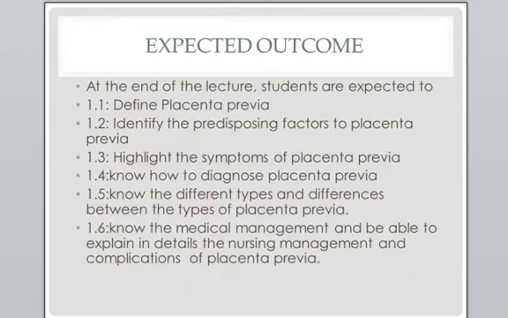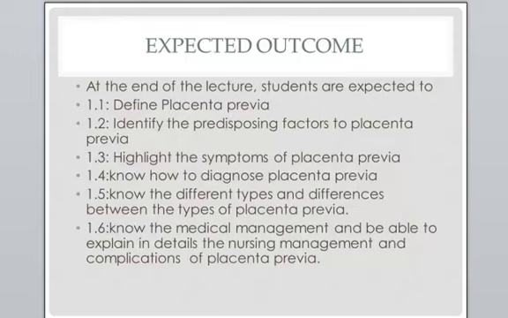As learners, you're supposed to know the definition of placenta previa. You're supposed to be able to define placenta previa, identify things that can predispose a patient to developing this condition. You have to know the signs and symptoms, and be able to know how to diagnose it.